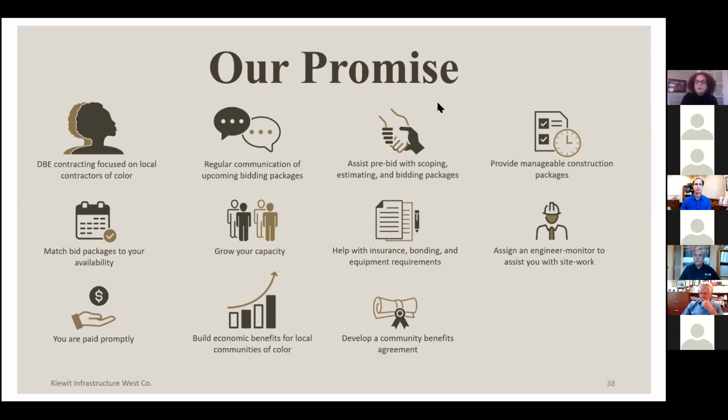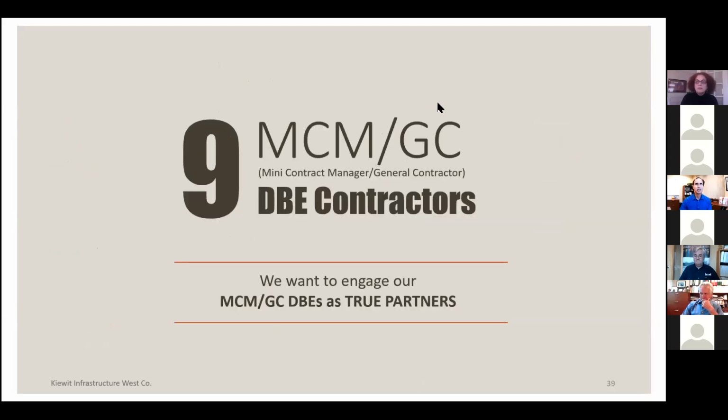For Rose Quarter, we think this will be an excellent place to start. I agree, Dennis, and I'd like to talk about one element from the Columbia project that is working really well called the mini CMGC, and ODOT has adopted a similar program for the Rose Quarter and has allowed up to 9 MCMGC small and DBE subcontractors.